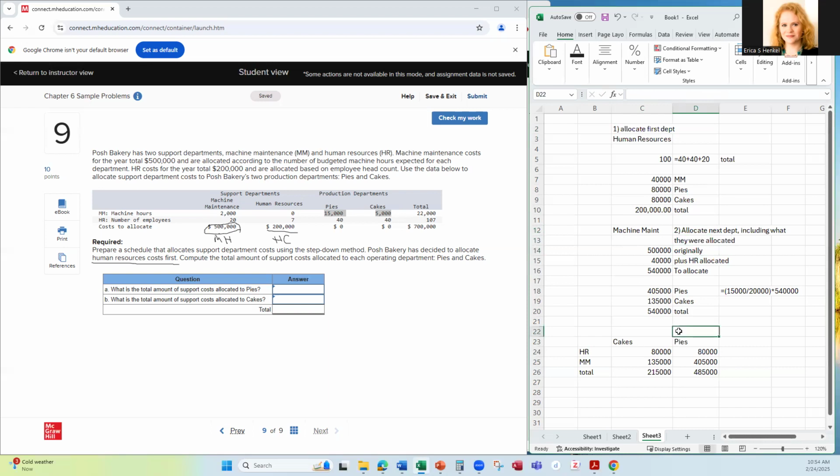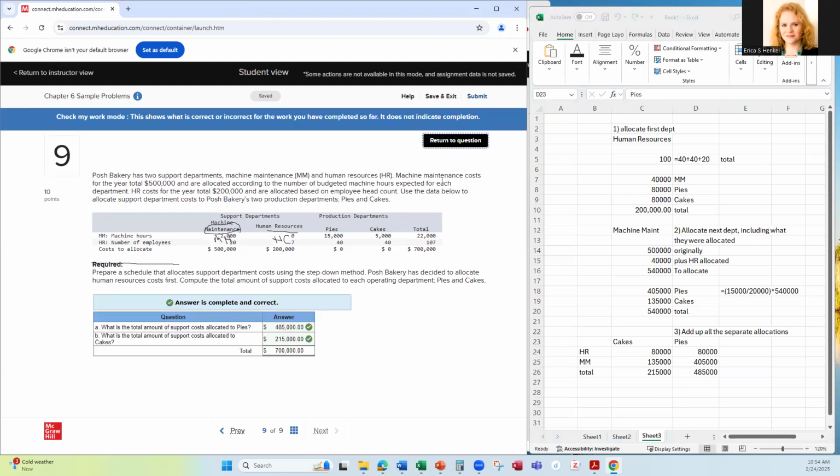And then last, we add up all the separate allocations for each department. Okay. For pies, we had 485,000, and for cakes, we had 215,000. Okay, that is the step down method.